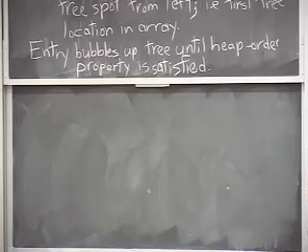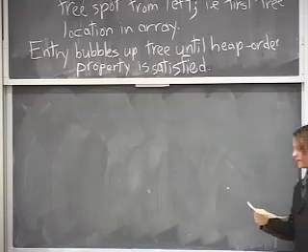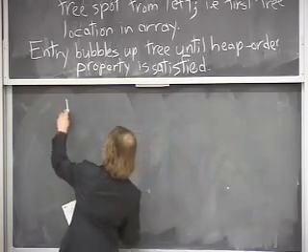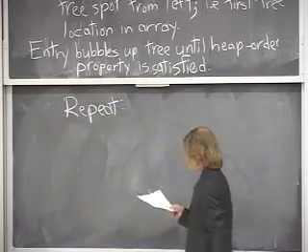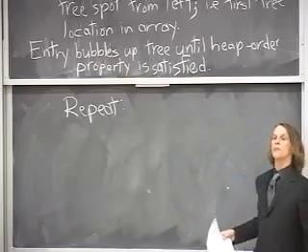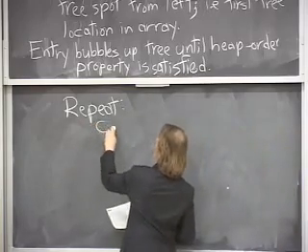So what do I mean by bubbles up the tree? Let me be more specific. Here's the algorithm. We're going to repeat the following over and over again until we're done. We're going to compare x's key with its parent's key.